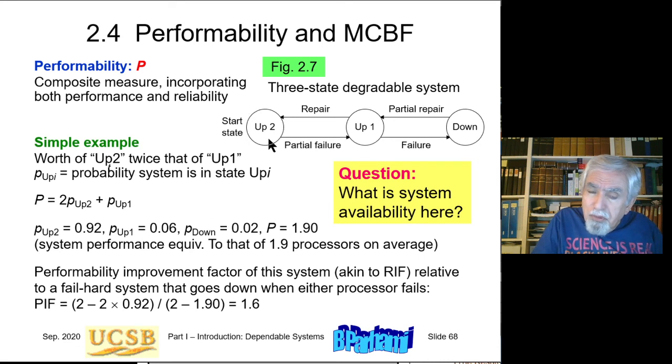Performance is 2 units in this state, it's 1 unit in this state, and 0 units in this state. On average, it's pretty close to high performance. That's because the probability of being in this state is quite large, 0.92.